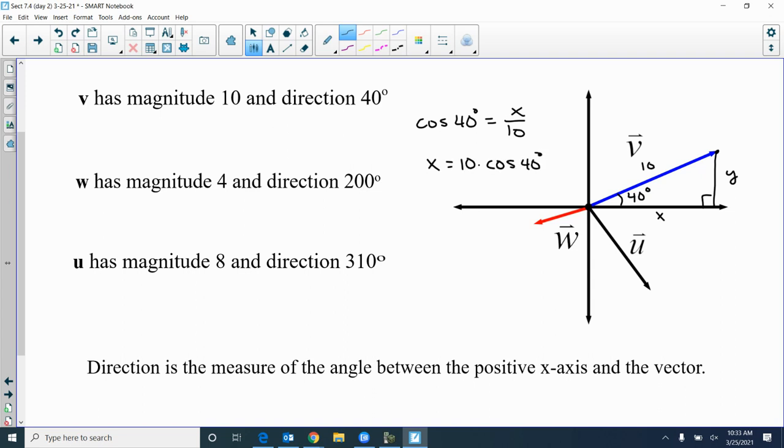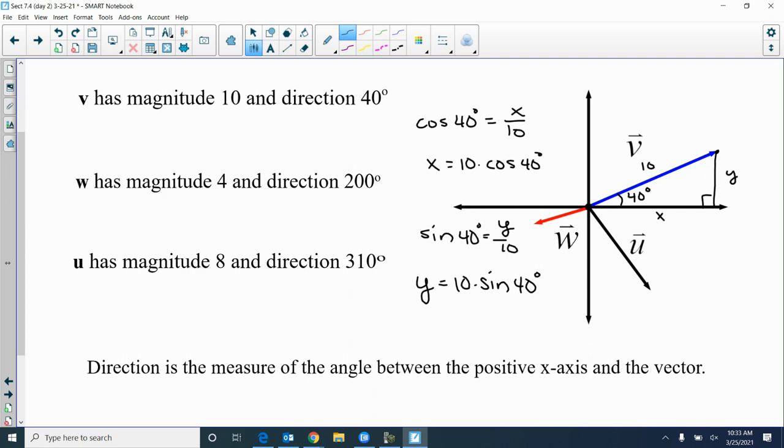We'll just leave it like that. Sine of 40 equals y over 10, so y equals 10 times sine of 40. Let's just leave it like that. Basically what you've done is show me how you convert from magnitude and direction to either this ij form or that vector form.